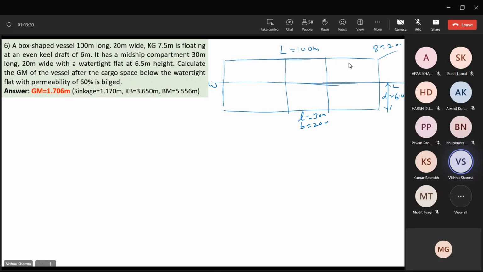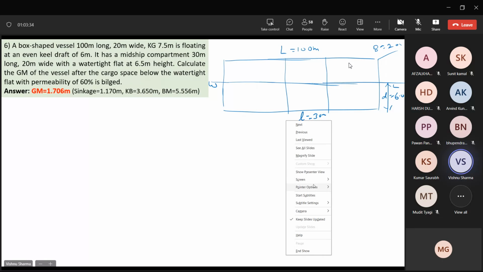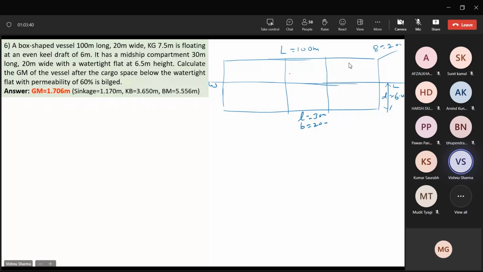It has a watertight flat. Let me use a red marker just to highlight the flat. It has a watertight flat at a height of 6.5 meters. So H, instead of 2 meters as was in DB, now becomes 6.5 meters.